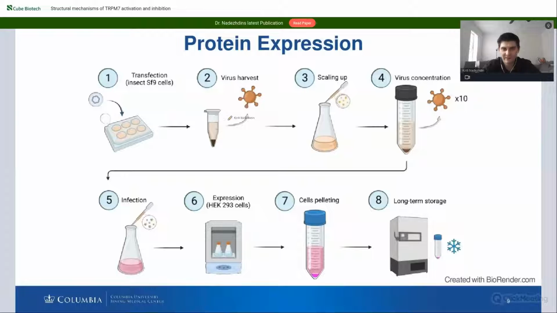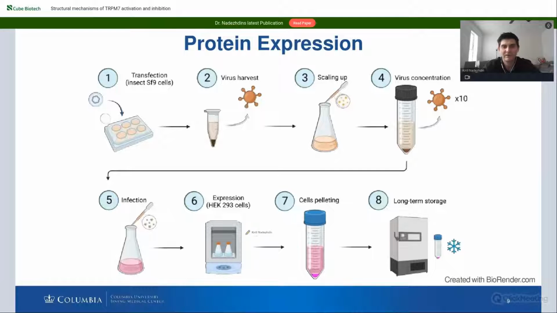So we use the same virus and we scale up. We use this virus to infect more Sf9 insect cells to produce more virus. Then we harvest this virus after several days and concentrate it. After that, we infect HEK mammalian cells with this virus and express our protein for 2 to 3 days.